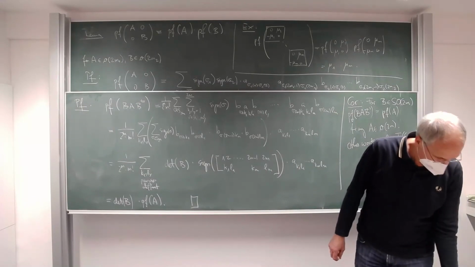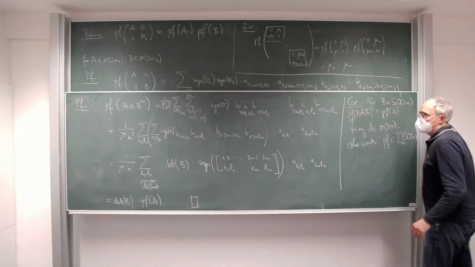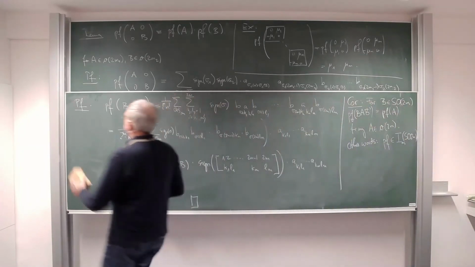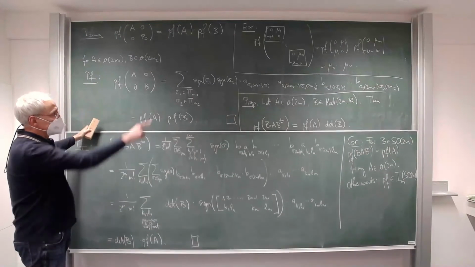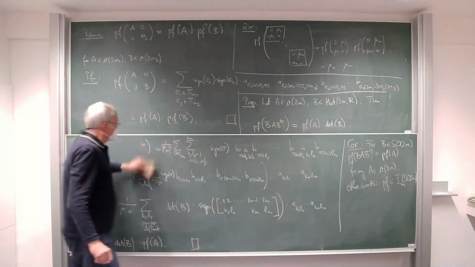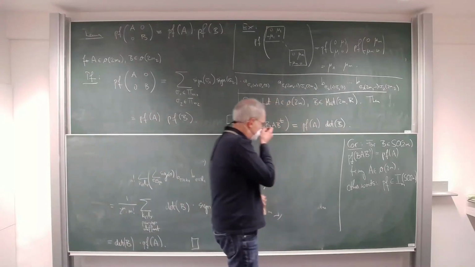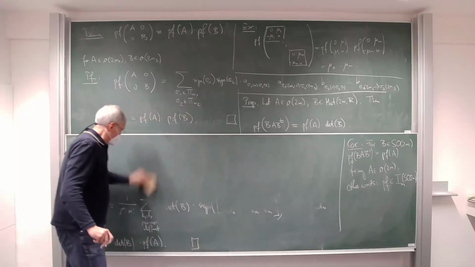Yes, that's that. Another nice corollary that we can directly get from this proposition is telling us that the Pfaffian is actually more fundamental than the determinant in some sense.